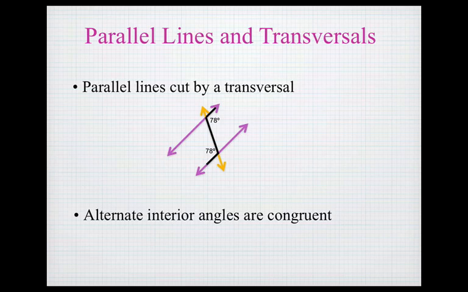I always look for the Z. That Z is shown in black here. Alternate interior angles turn out to be congruent. Mark the Z on your figure and write those two angles in to remind you that those are the alternate interior angles and that they're congruent.